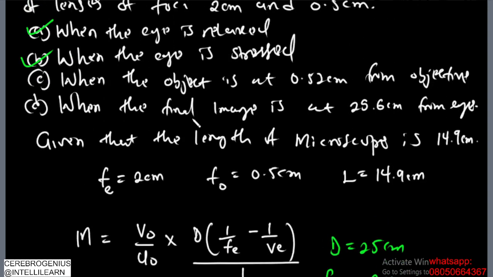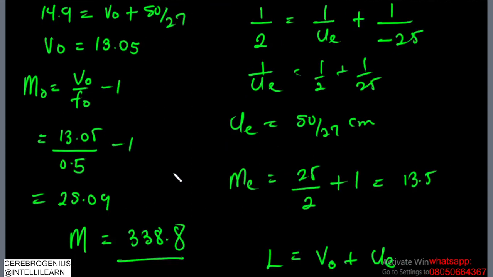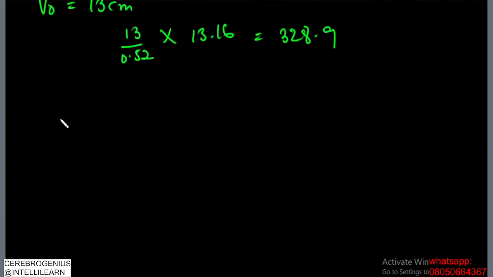So we have done this, when the final image is at 25.6 centimeter from the eye. Does this make sense? Yes, because the image cannot come closer than 25. Now it's at 25.6, so that makes a lot of sense. So the final image from the eyepiece is at 25.6 centimeter. Don't forget that this image is a virtual image, so this should be negative.